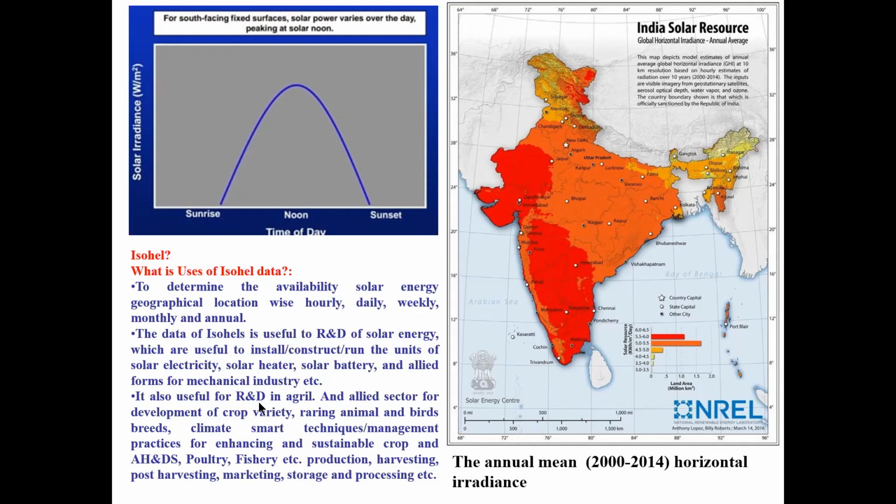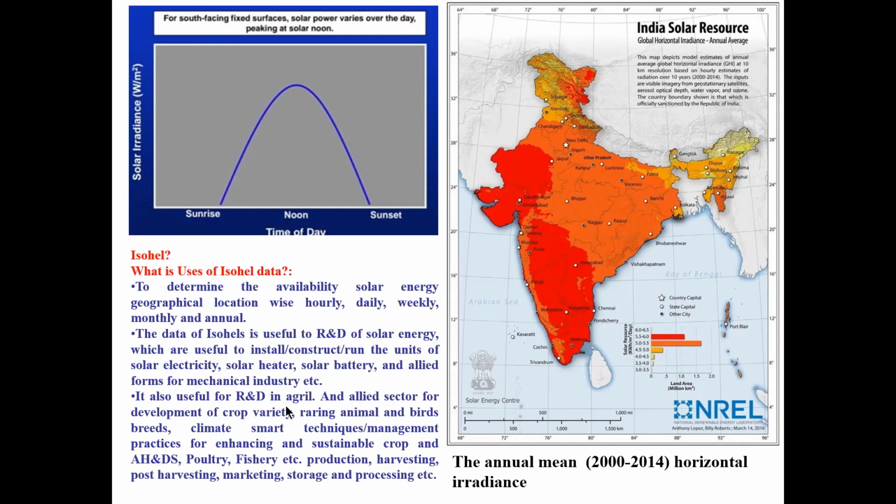All renewable energy is utilized for mechanical purposes, agricultural purposes, electric purposes, and so many others. So this is very important. If you have the data, you know how much energy is received hourly, daily, and weekly in different places. Then you can decide and make instrument installations and all these things.